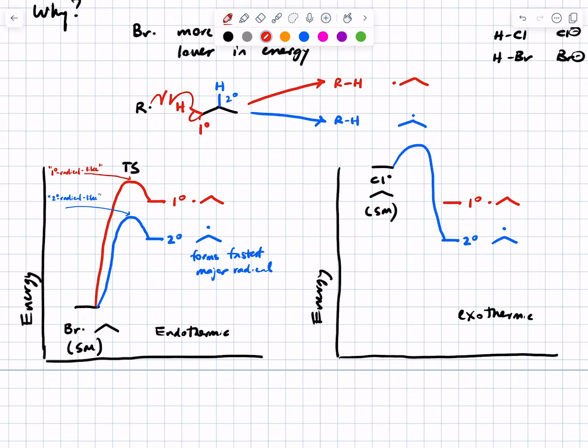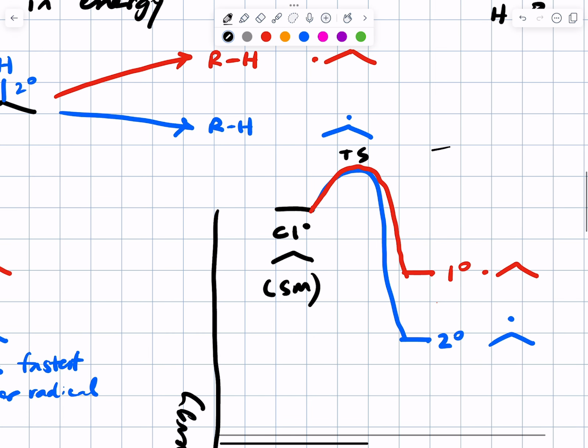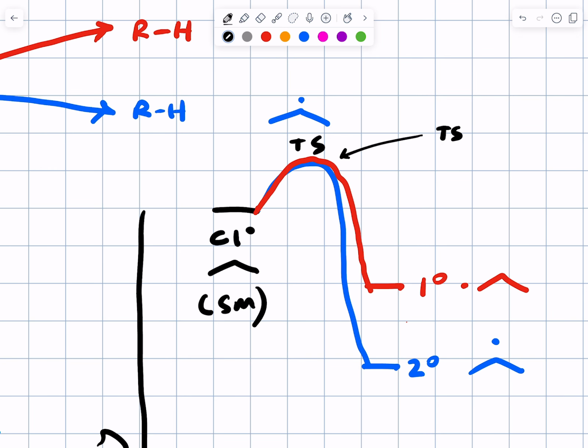So you will see that the transition state leading to the primary radical versus the secondary radical, the transition states are similar in energy because they are very chlorine radical-like.